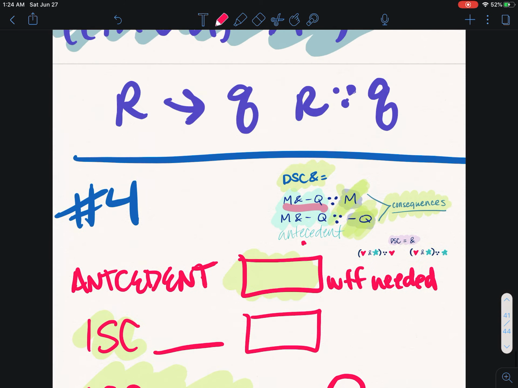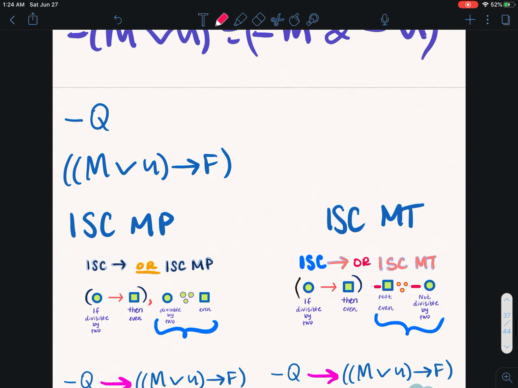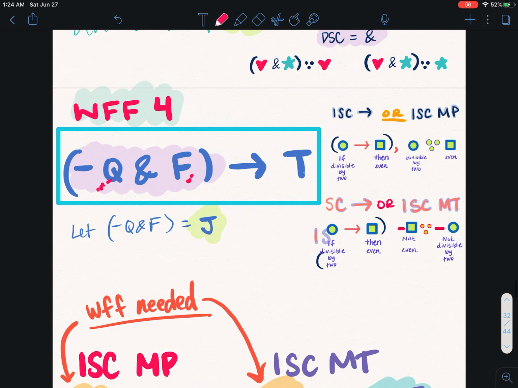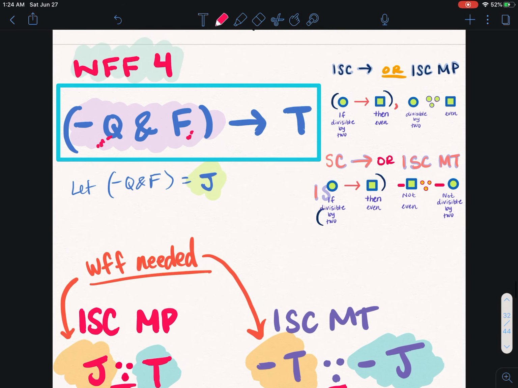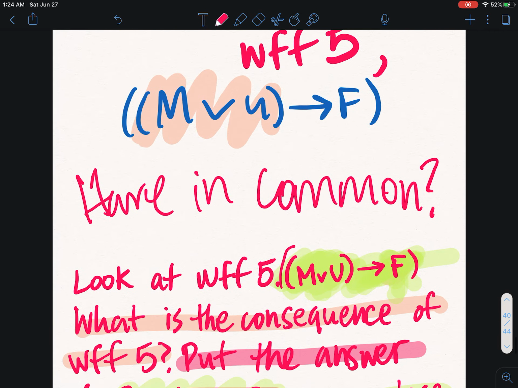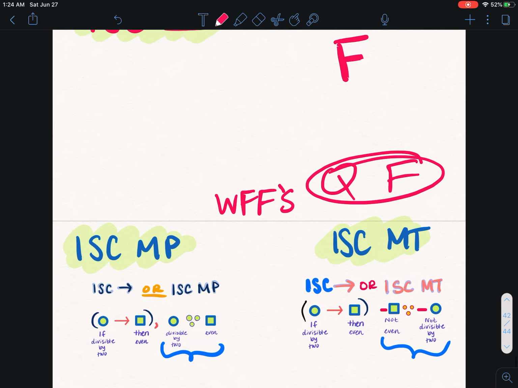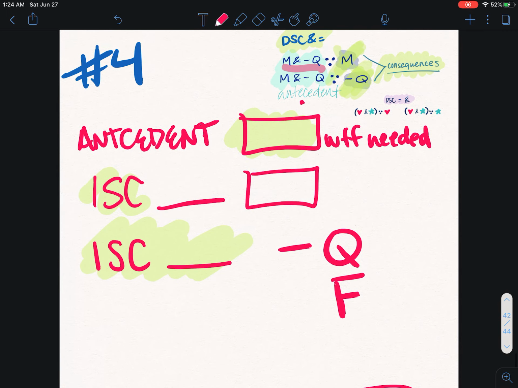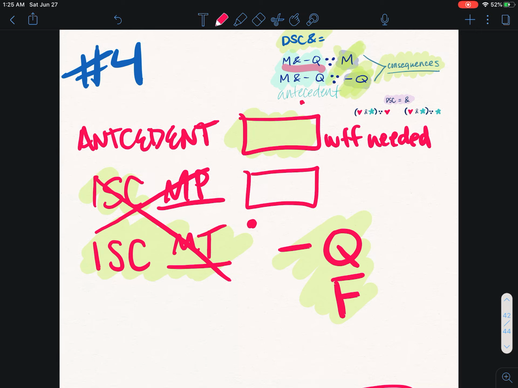It's an antecedent. We know that it involves Q and F. We ruled out that it's not those because of the therefore.